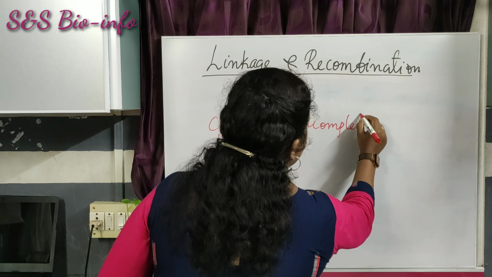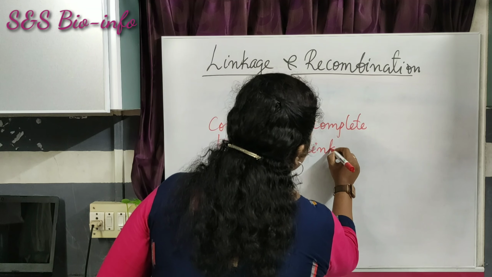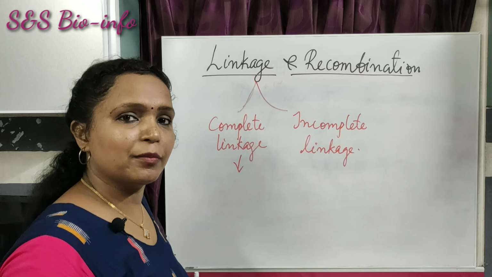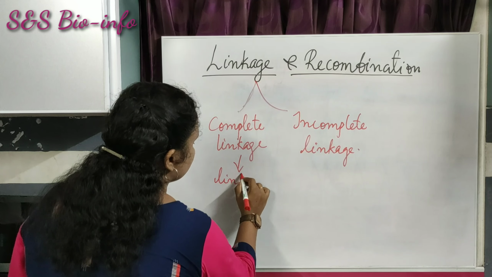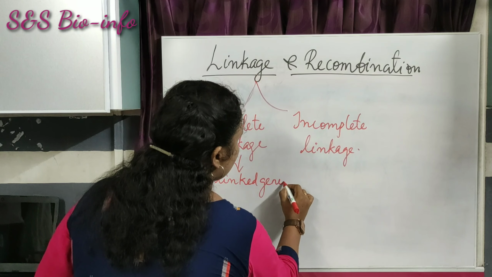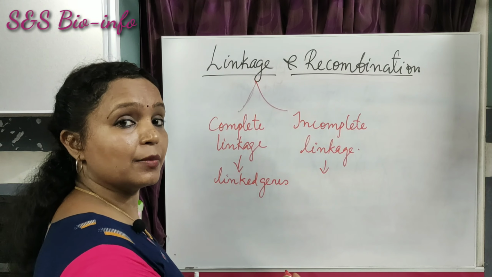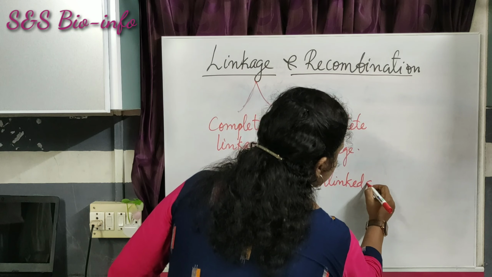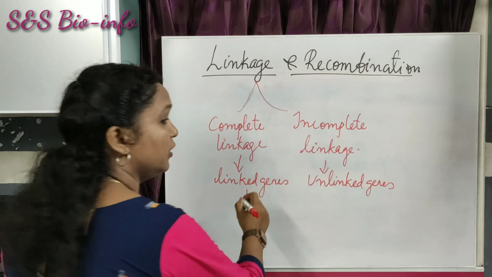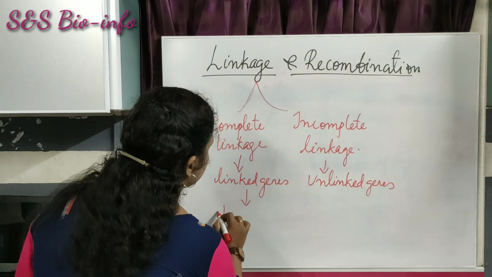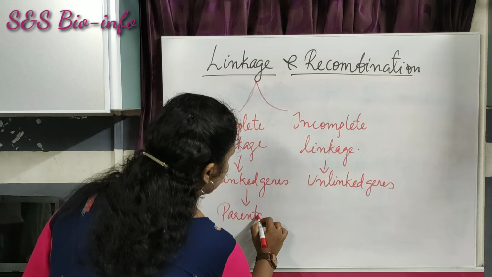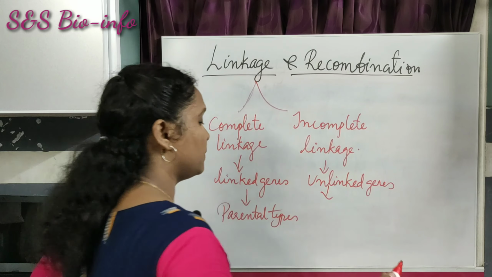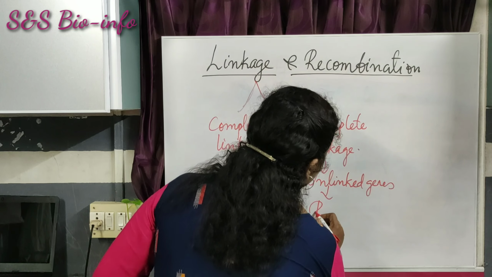Complete linkage is exhibited by linked genes, while incomplete linkage is exhibited by unlinked genes. Linked genes produce the parental type, while unlinked genes produce the non-parental or recombinant type.